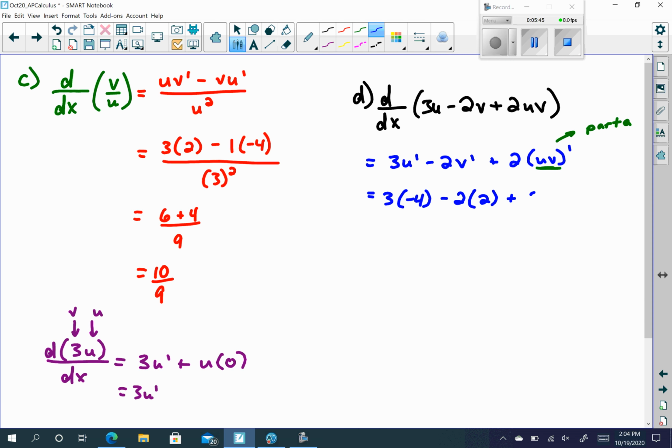So we're going to say 2 times 2. So we're going to get a negative 12 minus 4 plus 4, and we just end up with a negative 12.